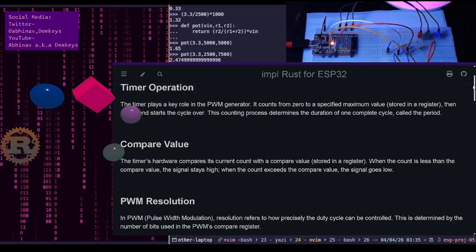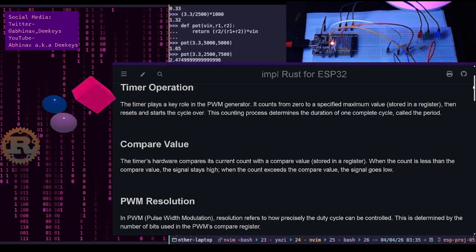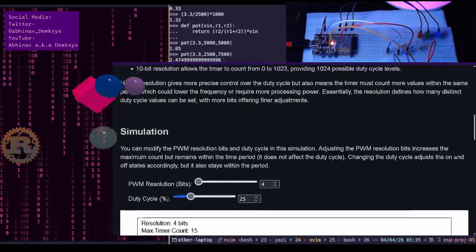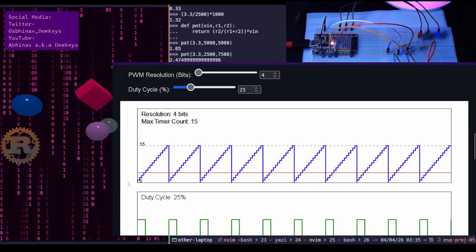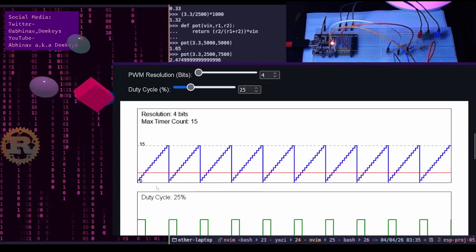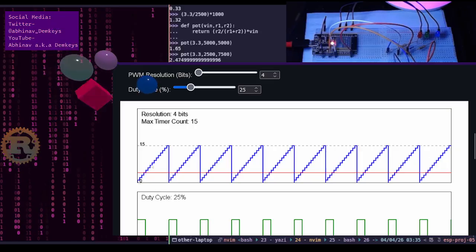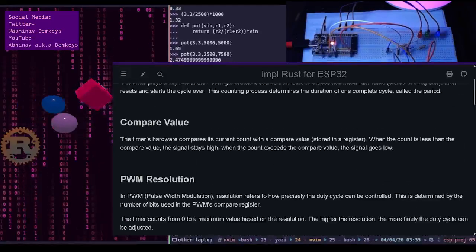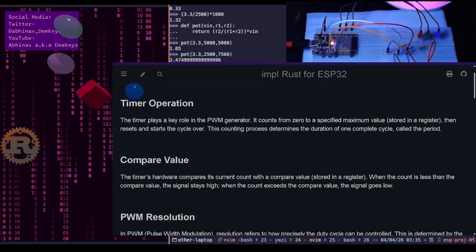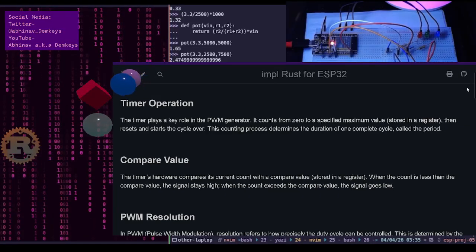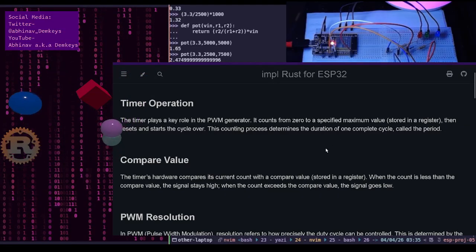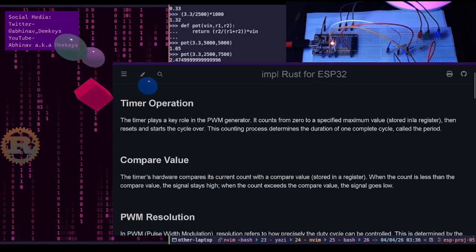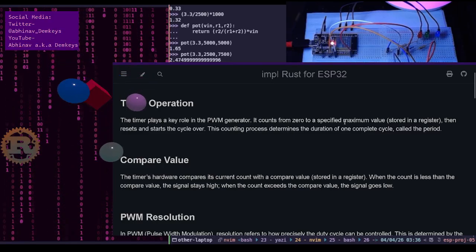Okay, all right. So if I'm understanding this correctly, this is the counting process. It starts at 0 and counts depending on what the resolution is. It counts from 0 to a specified maximum value stored in a register.